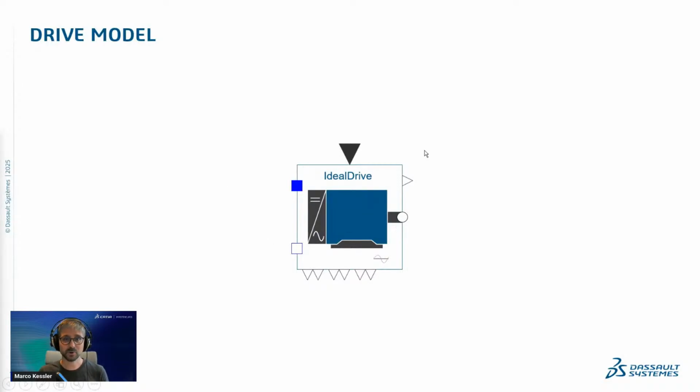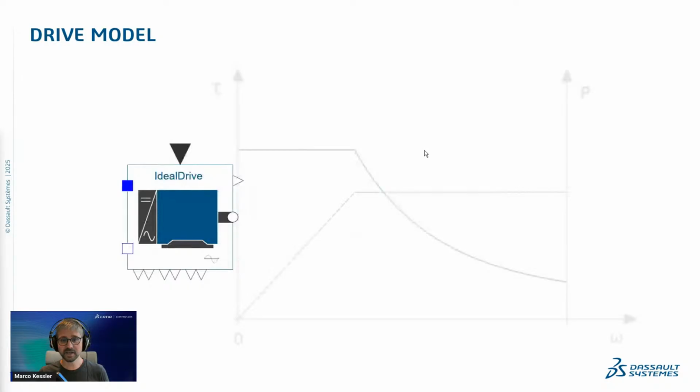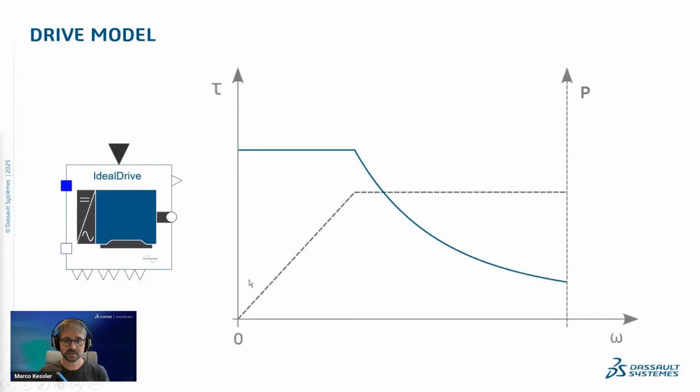And to make it a bit more realistic, we have a limiter included, which tries to act like the curves we see here. So if you have a drive, you have usually two limits. You have the torque limit and you have the power limit. In the lower speed areas, the torque limit is relevant. So on the x-axis, we see the speed.